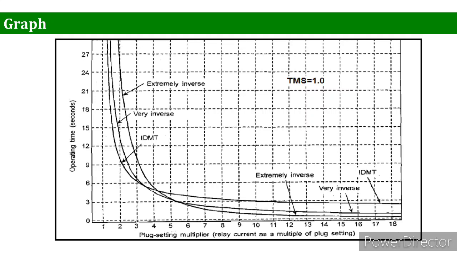In this graph you can see the extremely inverse, very inverse relay and IDMT relay operating times are all different from each other. You can verify yourself by putting different values in the formula given in the last slides.